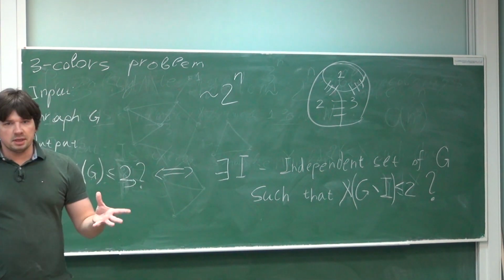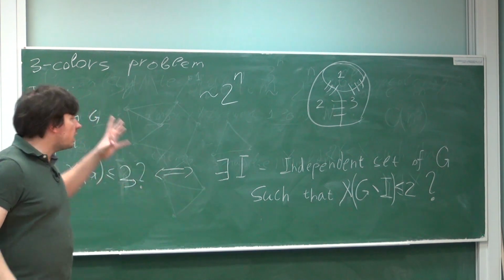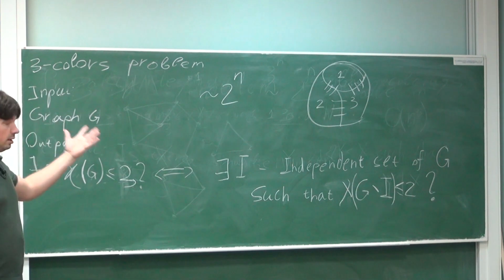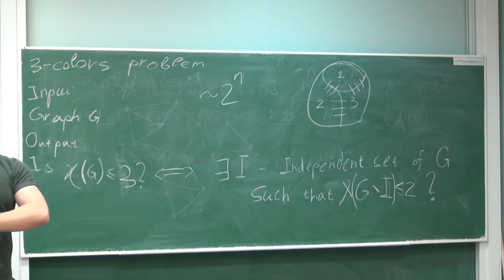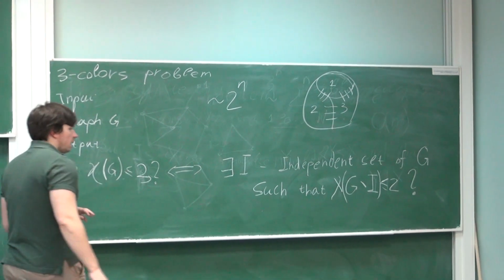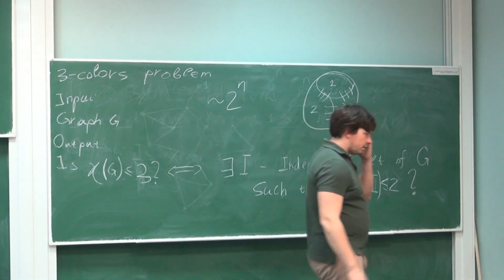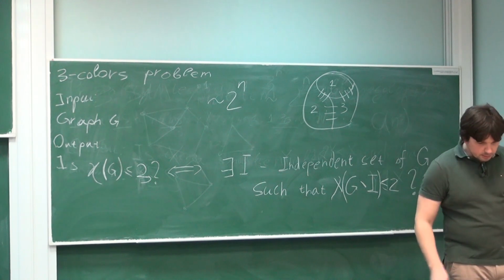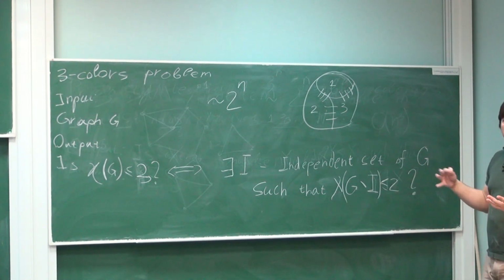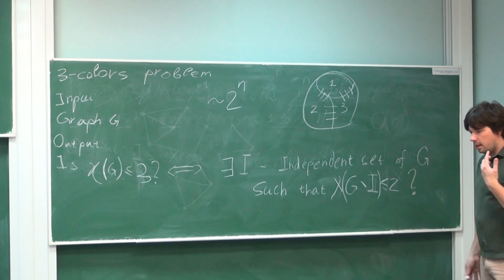We're checking just subsets. For each subset, we check if it's an independent set and if the rest of the graph is two-colorable. And this is great. But is it better than the algorithm that we discussed before?